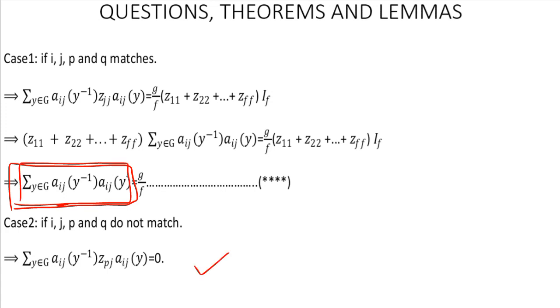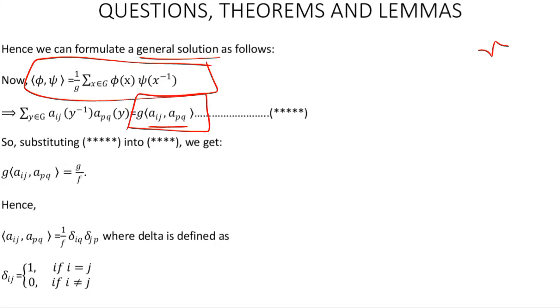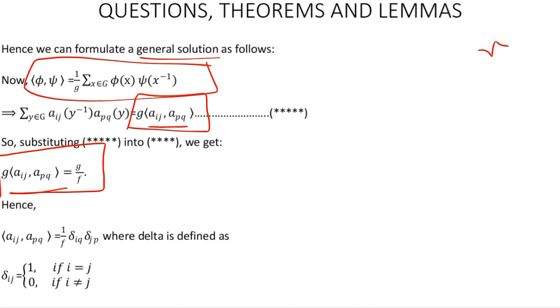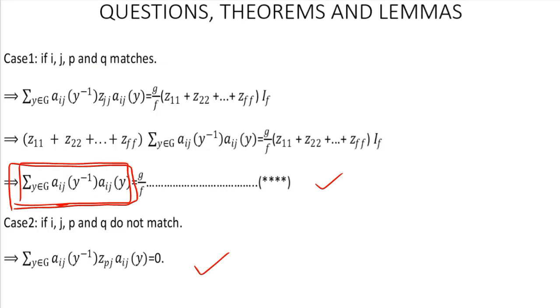Remember, we had two cases, when it is not matching and when it is matching. That's how I got this equation here for when it is matching. So when it is matching, it satisfies this. When it is not matching, we had another value, and the value was equal to 0. Look at it here. And there's a sum there.